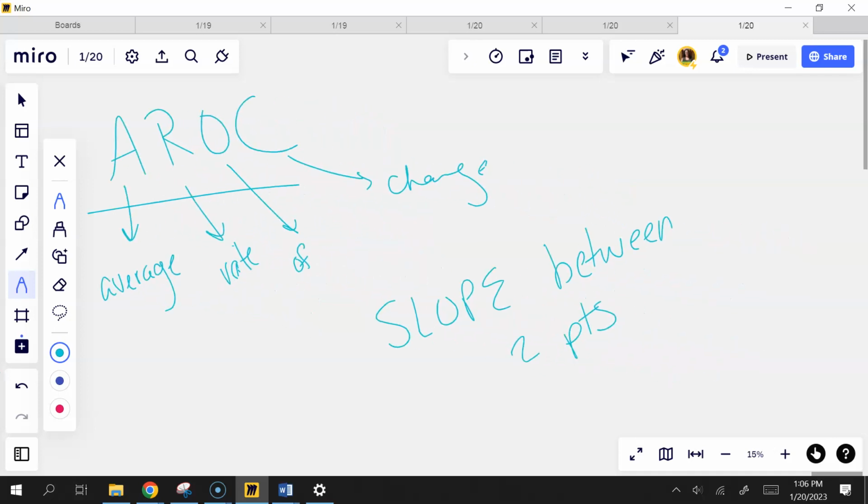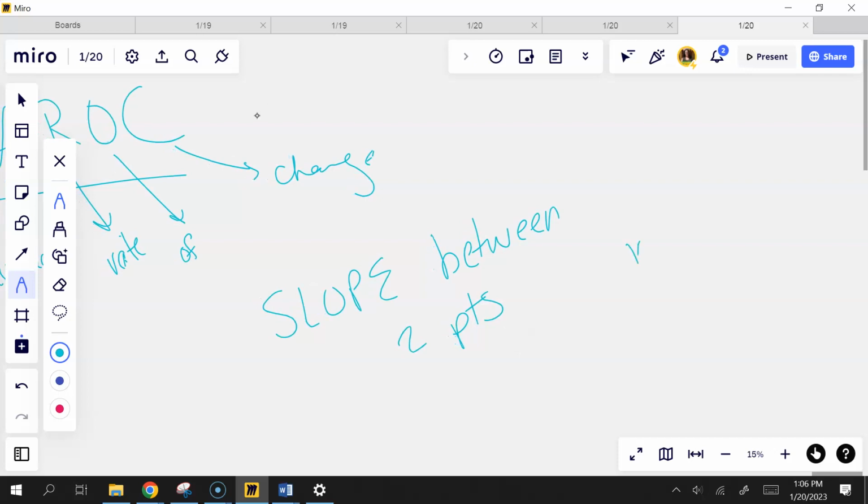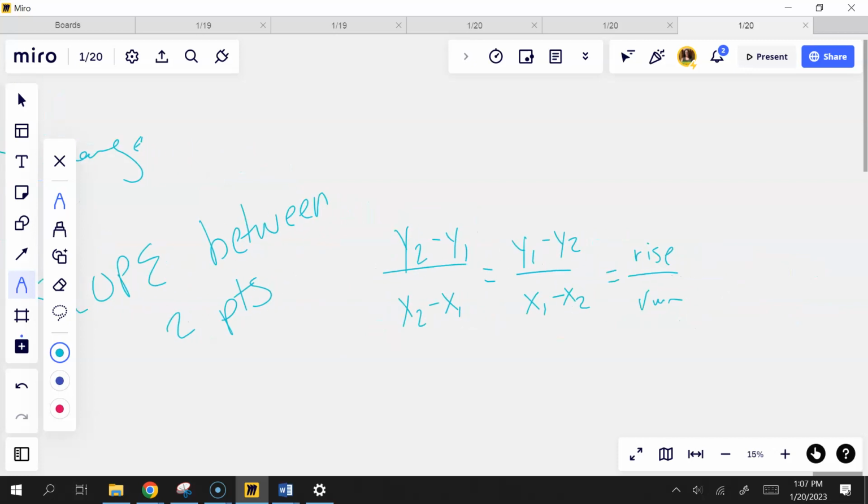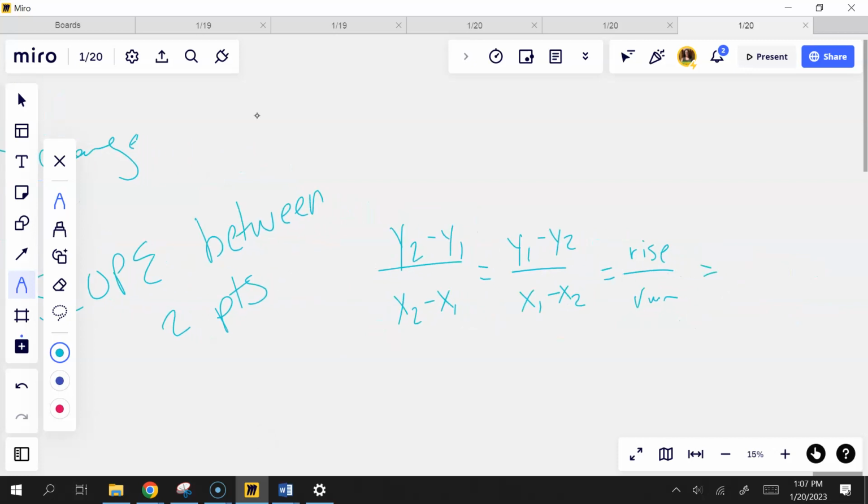How do you find slope? Rise over run. You are all right. y2 minus y1 over x2 minus x1. I could write it the other way, y1 minus y2 over x1 minus x2. I could write it as rise over run. I could also write it as, here's the fancy way, you ready? Delta y over delta x, because delta is the Greek letter that means change.